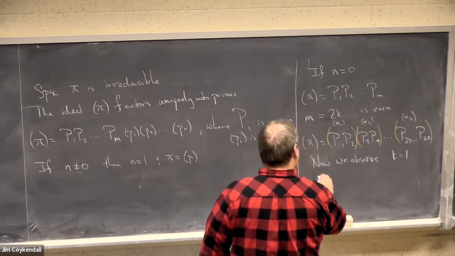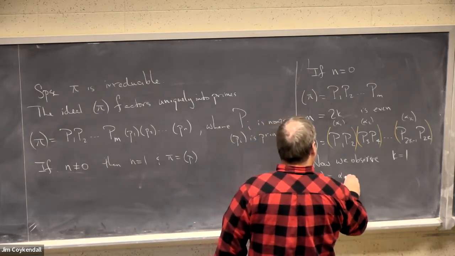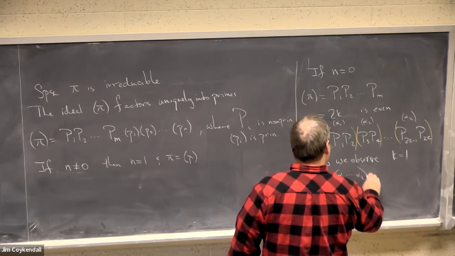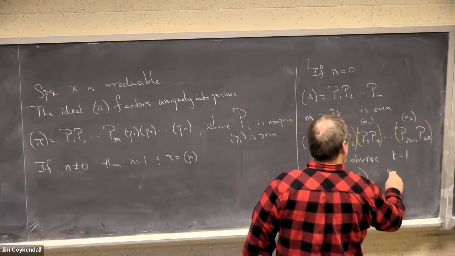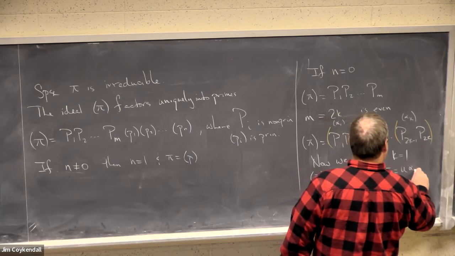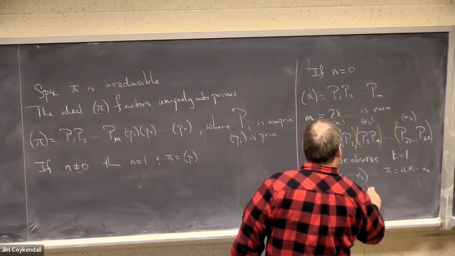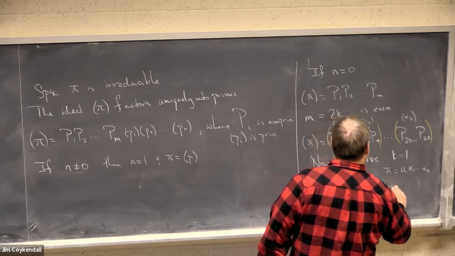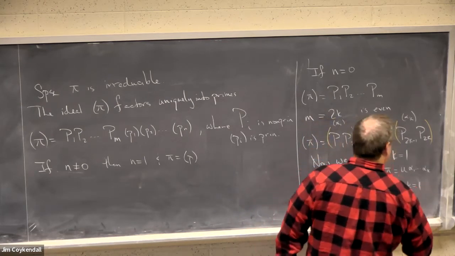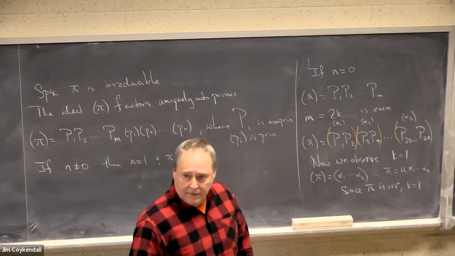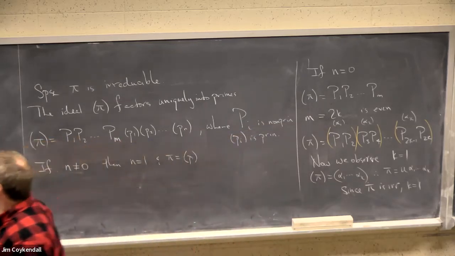So this means pi is alpha 1 through alpha k. Therefore, pi is a unit times alpha 1 through alpha k. And since pi is irreducible, k must be 1. And this justifies my earlier statement.